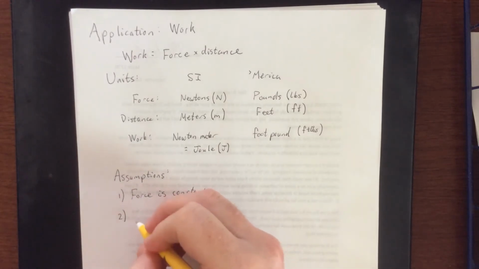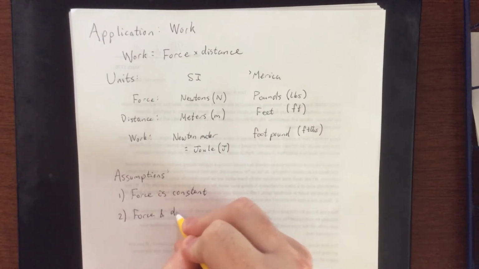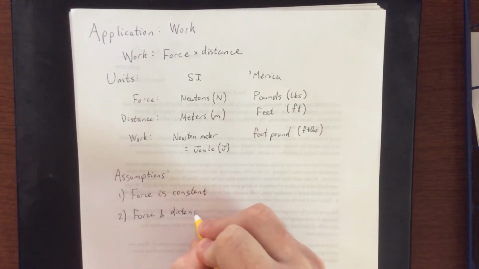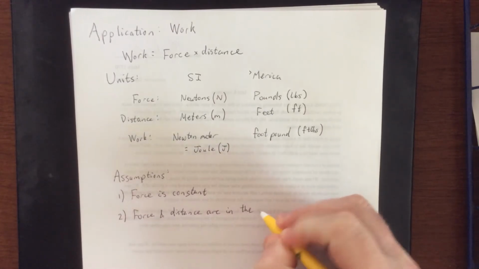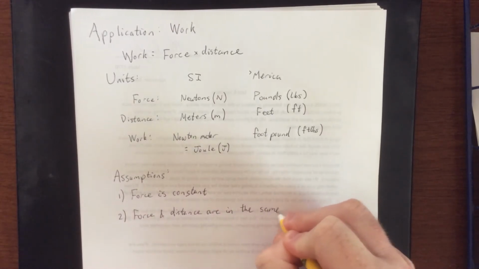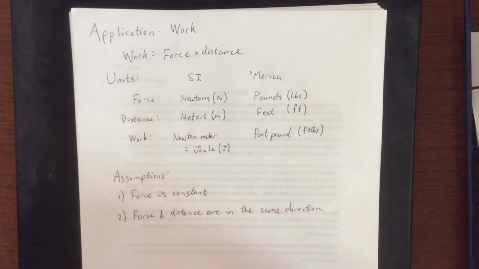The other assumption that we're working with is that the force and the distance are in the same direction. Which, honestly, that's usually a good assumption. If you lift something up and you apply a force in an upward direction, it would be really weird to watch that thing go straight forward, as opposed to coming up.